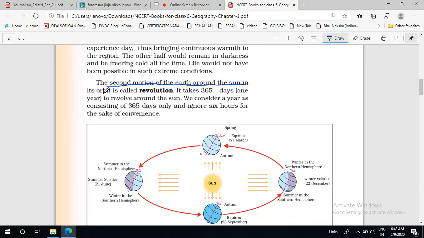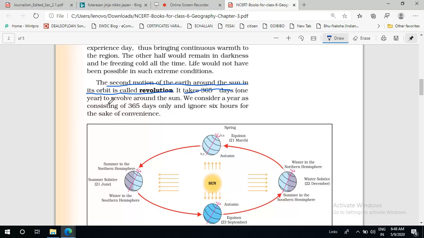The second motion of the Earth is around the sun in its orbit, and this is also important. The earth moves around the sun in a fixed path, and that fixed path is known as orbit. Okay, and now the earth takes 365 days to complete one revolution around the sun.